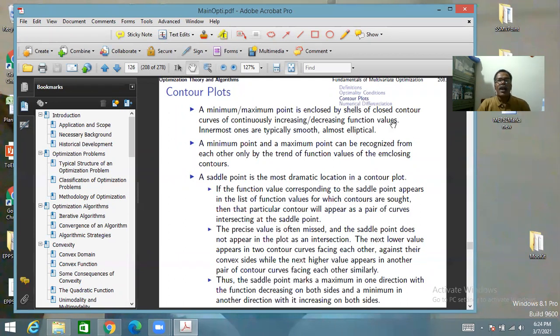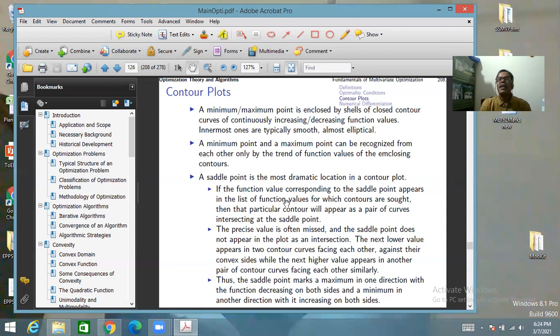That is why unless the function values are given, you will not know whether you are seeing the contours of a hill or a sea. Whether these are heights or depths, you will not know. So you know those things by the annotations of the function values on those contour curves. Only through the function values do you recognize a minimum point from a maximum point. Otherwise, they look the same. It is the saddle point which is the most interesting in contour plots.